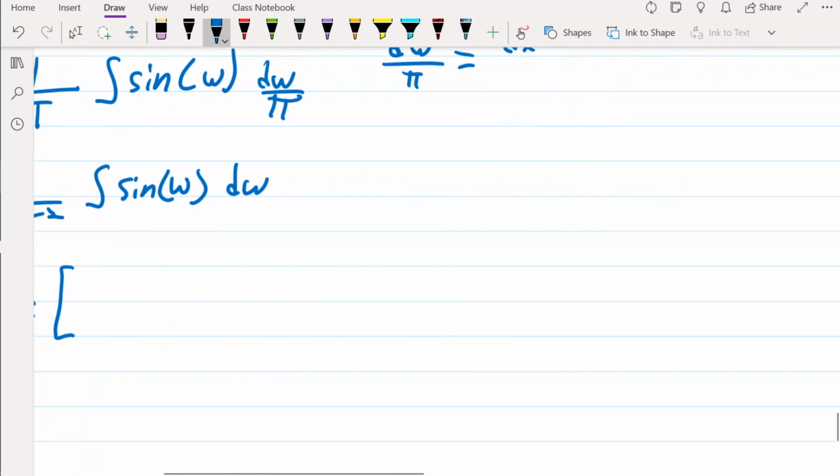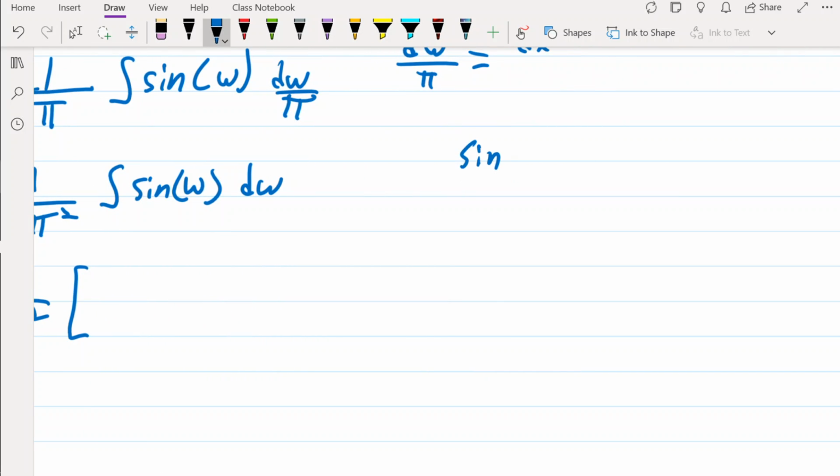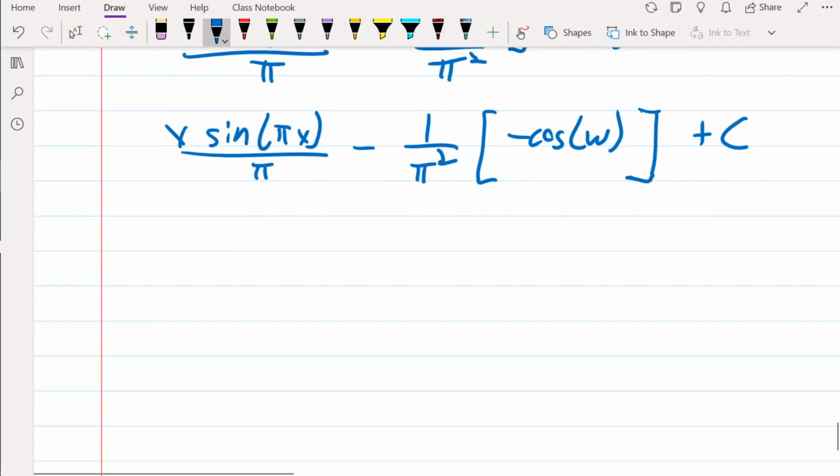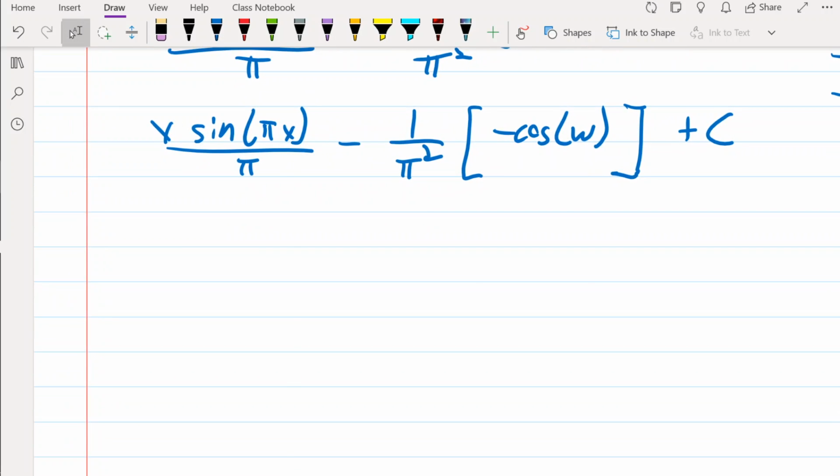So the integral of sine, as integration goes this way, is going to be opposite cosine. Then we will substitute our w back in.